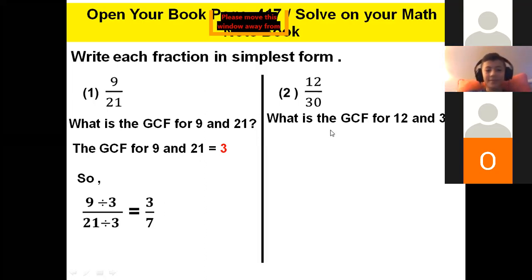And there is also 1 times 12. What about 30? What numbers do you multiply to get 30? There is 30 times 1, 30. And 3 times 10. 3 times 10 is also 30.